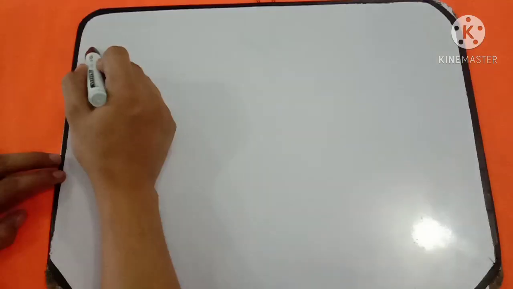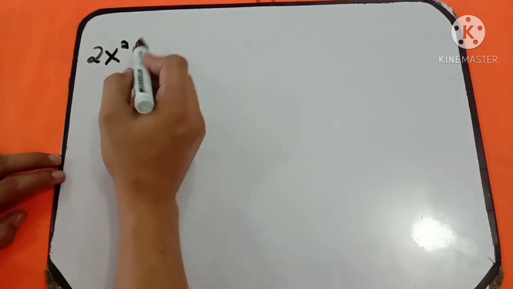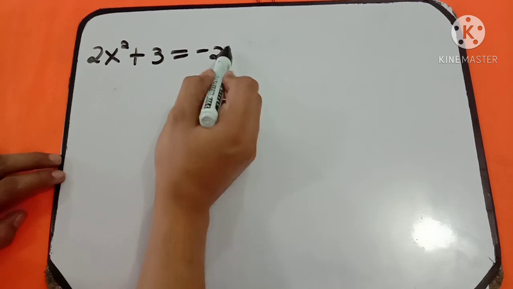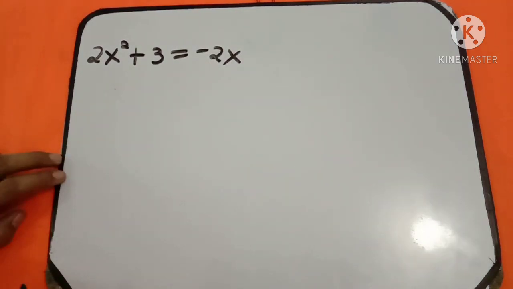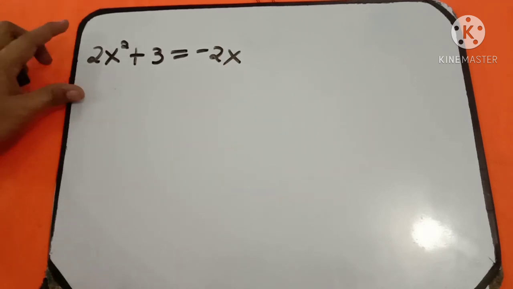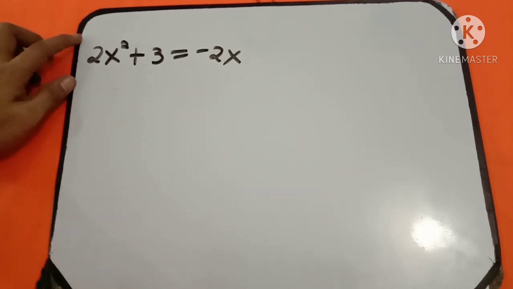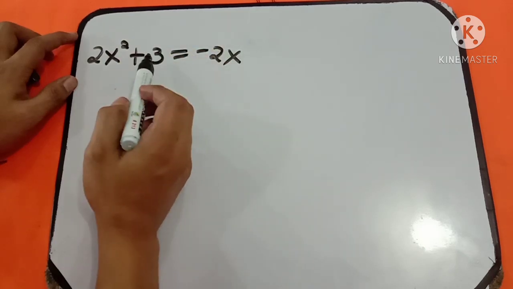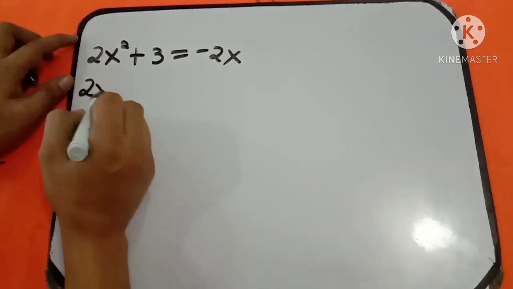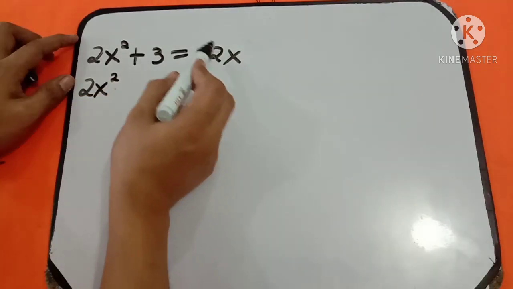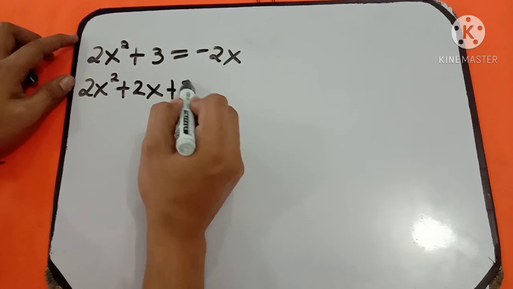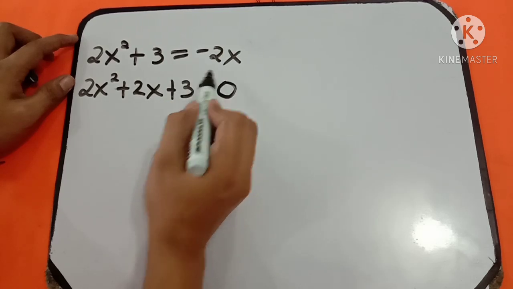Let's say 2x squared plus 3 is equal to negative 2x. Again, we have to rewrite this given equation into its standard form. So we simply transpose this term to the left side of the equation. So we have 2x squared, transpose this one, so it will be positive 2x, then copy the constant positive 3 equal to 0.